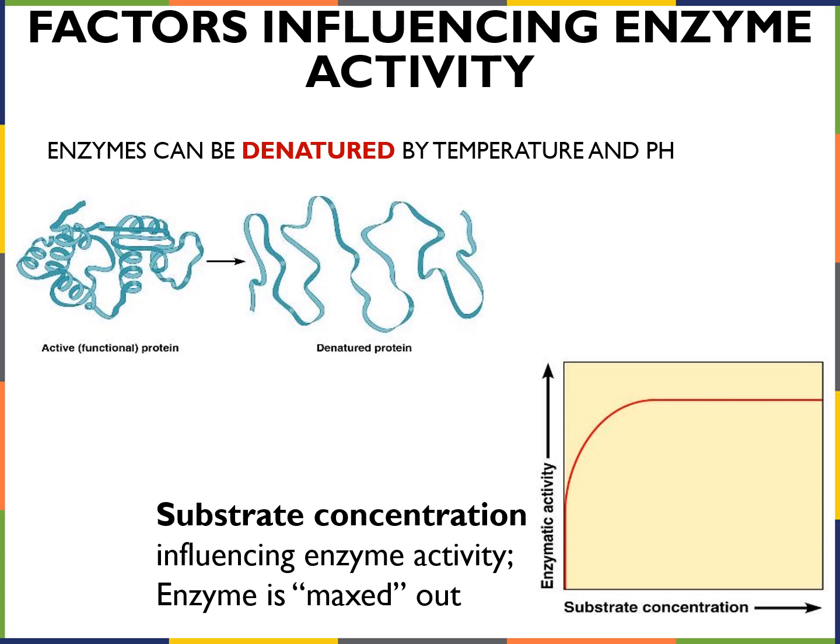Okay, so the x-axis is substrate concentration, the y-axis is enzyme concentration. Well, because we've been talking about sucrose so much, let's just continue with our talk on sucrose. Let's say that we have 1,000,000 molecules of sucrose.